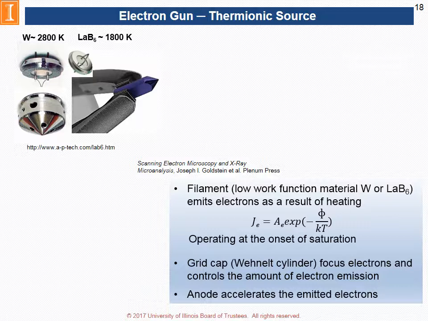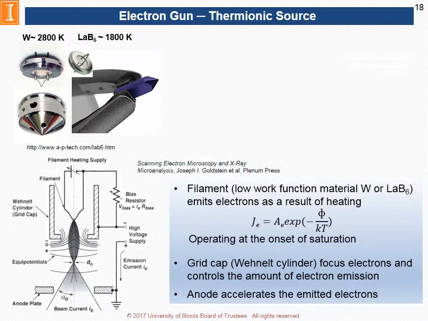Thermionic source. To make it easier for the electrons to climb over the potential barrier, the thermionic source gun uses low work function materials, either tungsten or LaB6. They were made into the shape of a hairpin. We call them filament. Here is the construction of a thermionic gun.